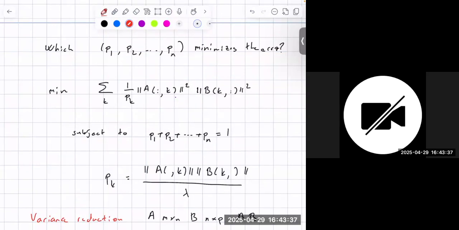Then after that, you sample according to this probability, then just take that column, that row, multiply, output. So the implementation usually will have two passes. First pass to collect these numbers, so I know what is the randomness I need to create. In the second pass, do the random experiment, output, okay?